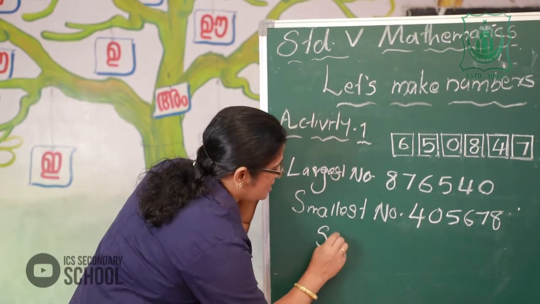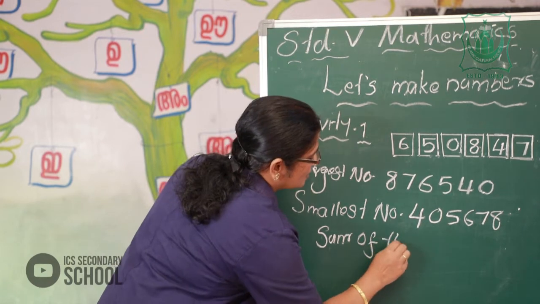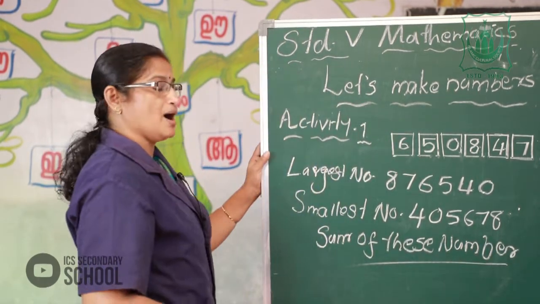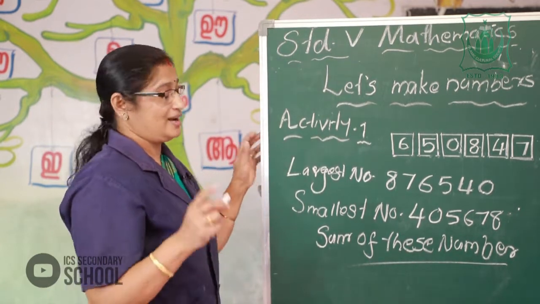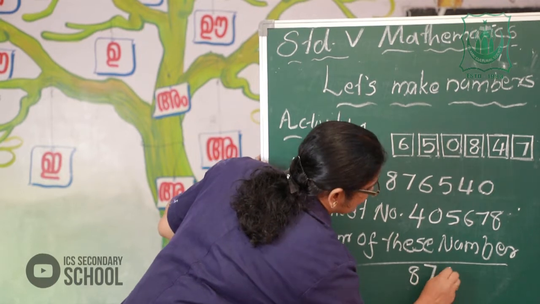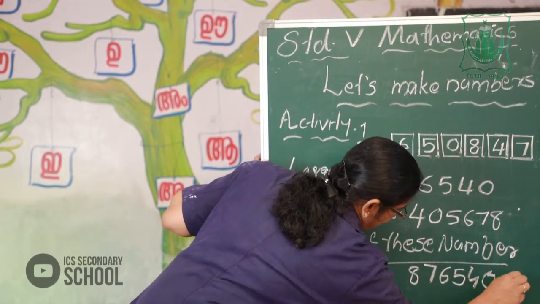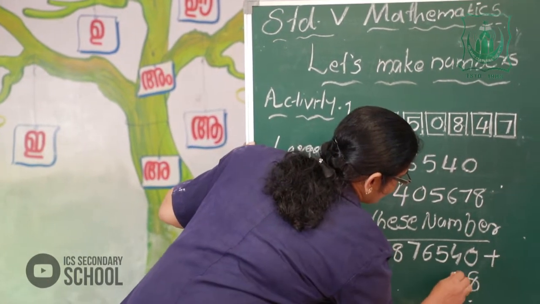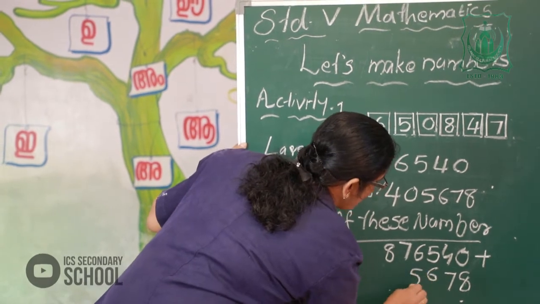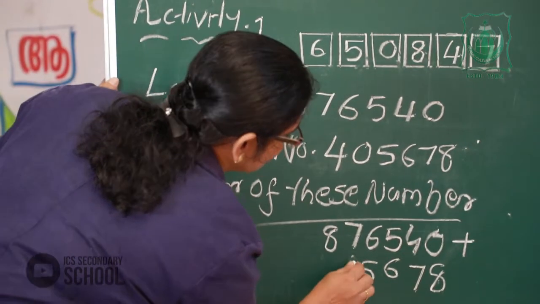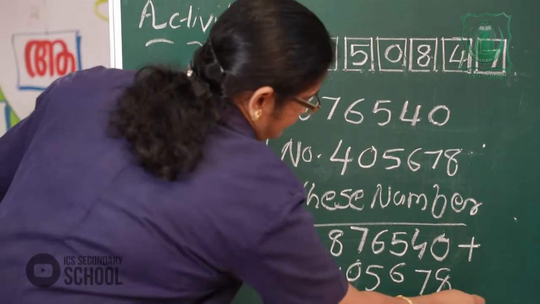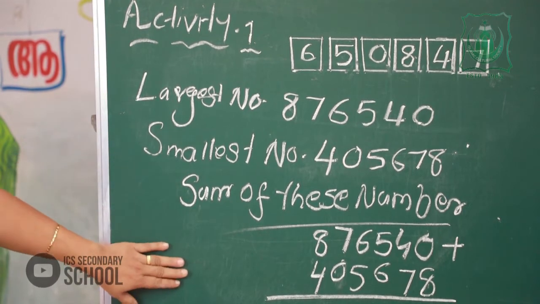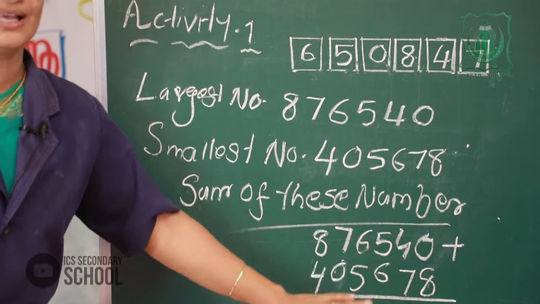Largest number 8,76,540 plus smallest number 4,05,678. Again, to find the sum, add the two numbers, largest number plus smallest number.